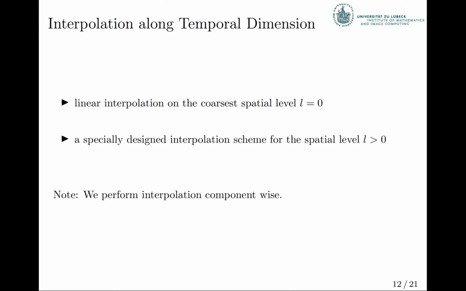In this image registration sequence, the interpolation is one of the main important points. At the coarsest spatial level, we perform the linear interpolation, but one can go for the spline interpolation and any other interpolation scheme. But at the finer spatial level, we need some special care, and we will illustrate this point later.